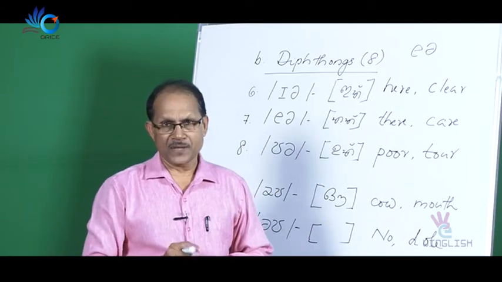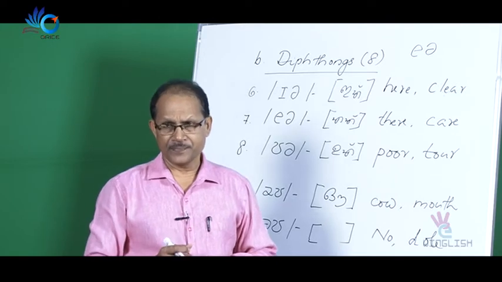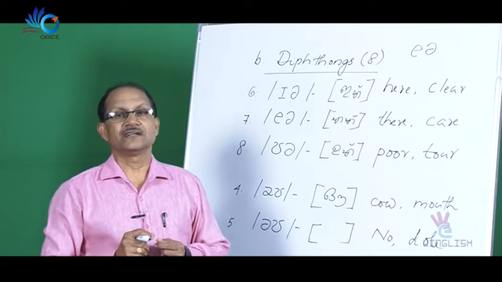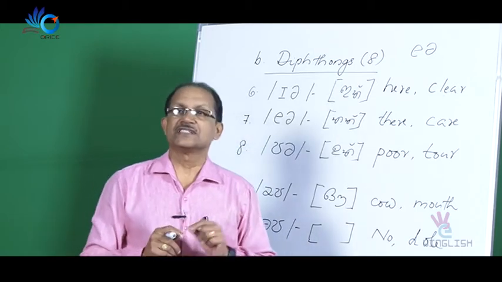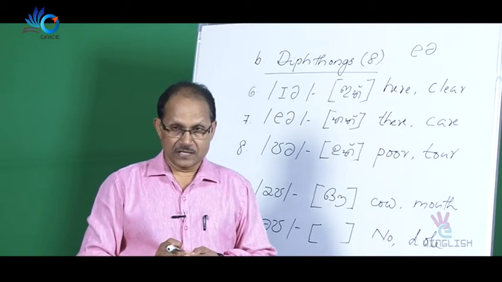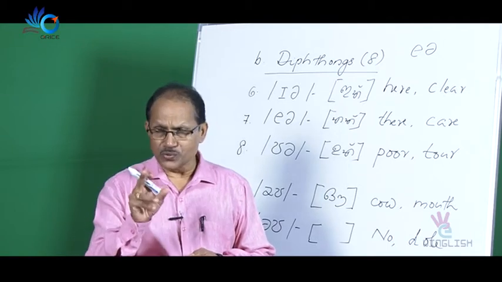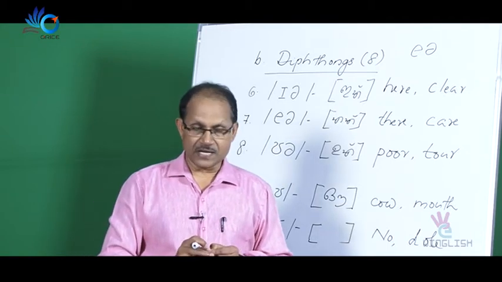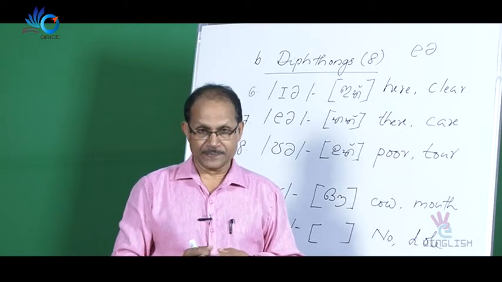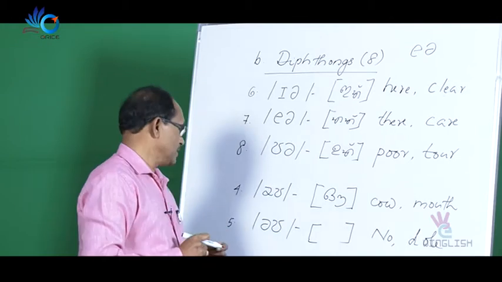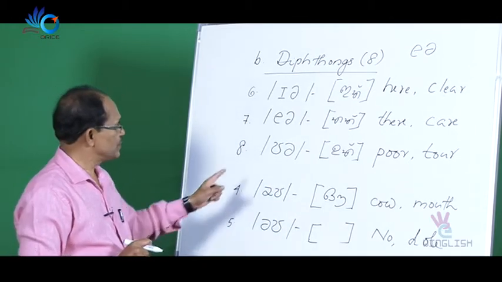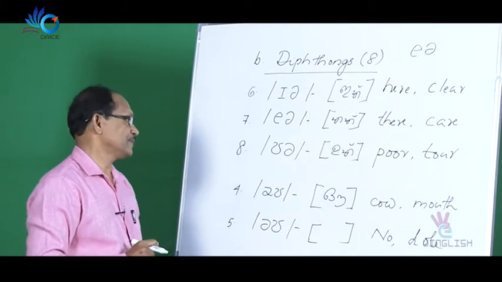Poor, a poor boy, poor. T-O-U-R, tour. And here also normally we use a long sound. How do you say T-O-U-R? Two. No. The other day we went on a tour, tour. Cure, sure. In all these words we have the diphthong.